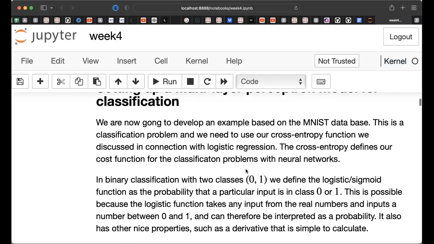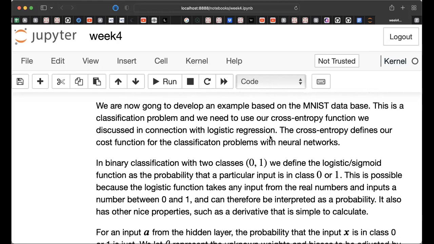So when we now look at the problem, we are going to specialize to this MNIST data case, which is a classification problem. And if you go back to what we did in logistic regression, we defined a function which we call the cross entropy. And this is going to define the cost function, which we use to compute derivatives in order to find the optimal parameters.